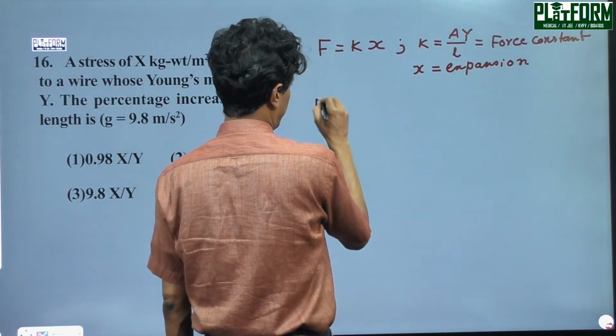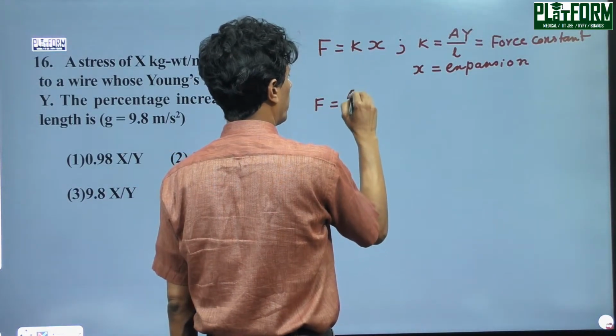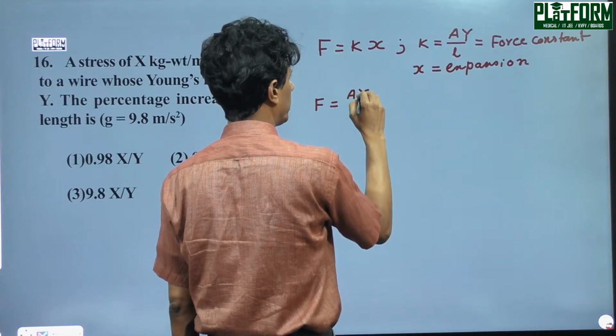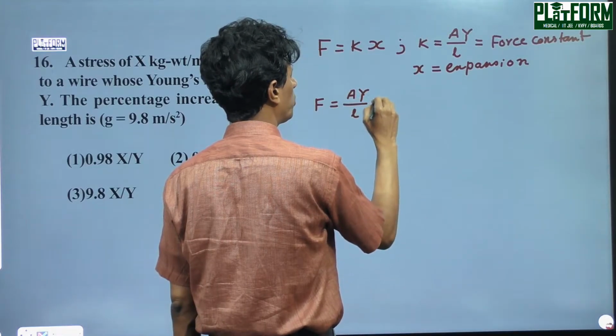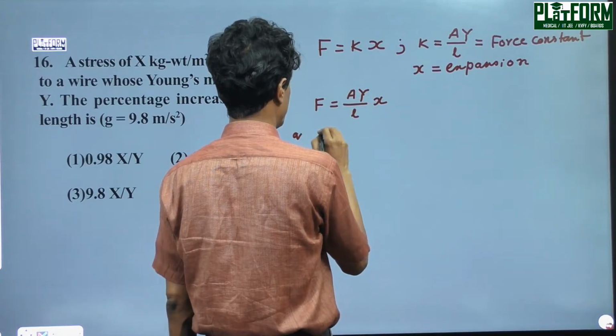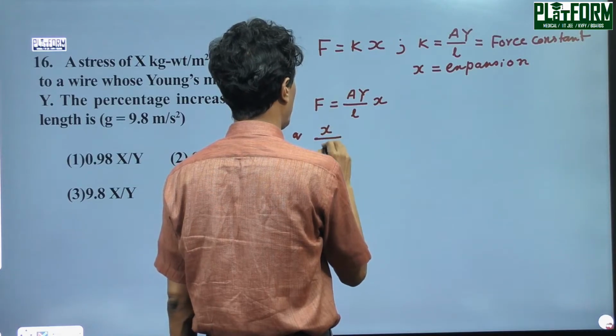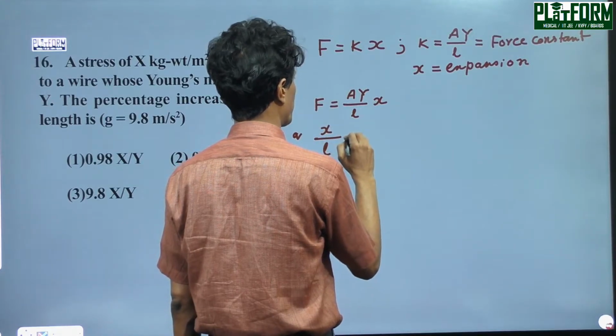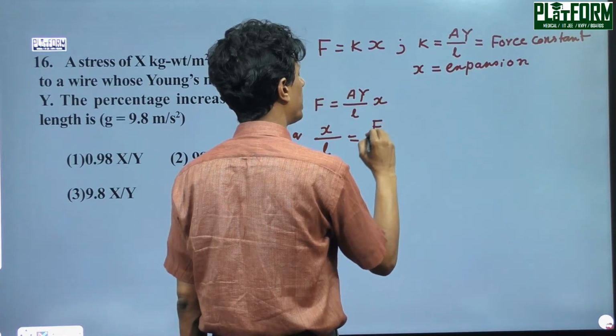So simply, F is equal to Ay by L into X. So X by L is equal to F by Ay.